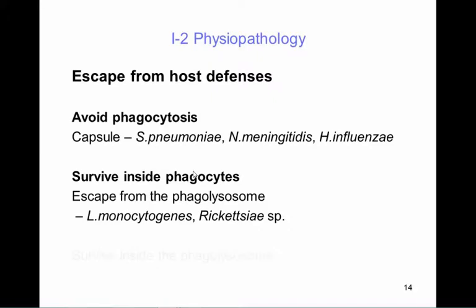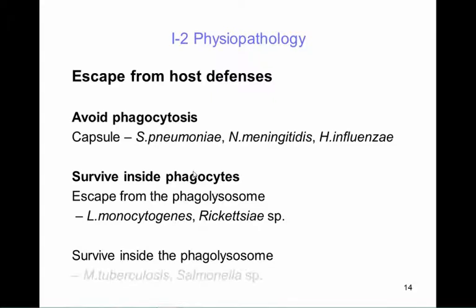Enteroinvasive E. coli also does that. And the other strategy is to survive inside the phagolysosome. So Salmonella and Mycobacterium tuberculosis. They prevent the phagolysosome from maturing and turn it into a kind of nice little home sweet home for bacteria.